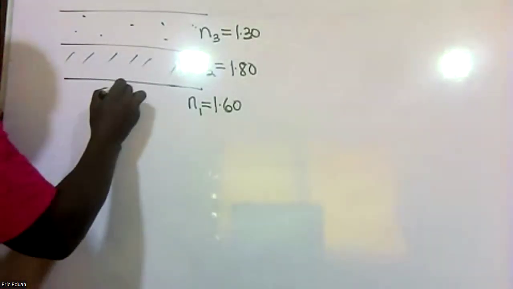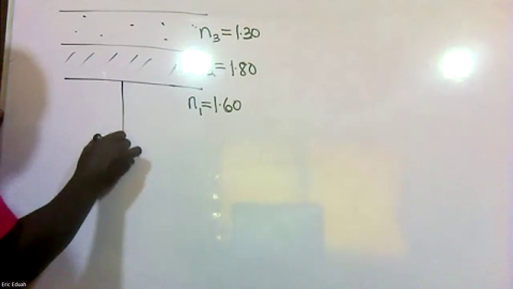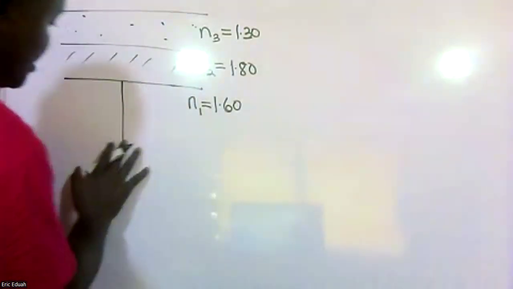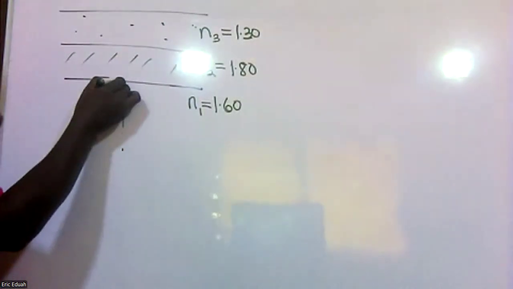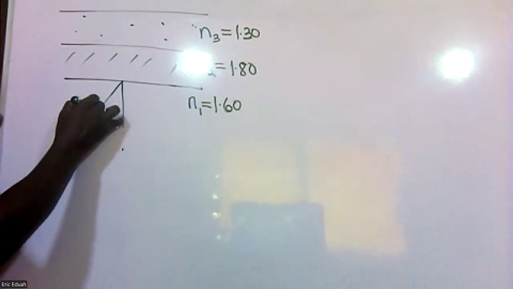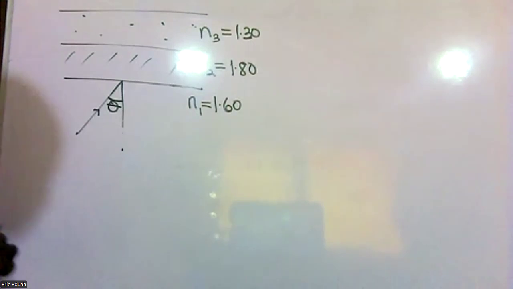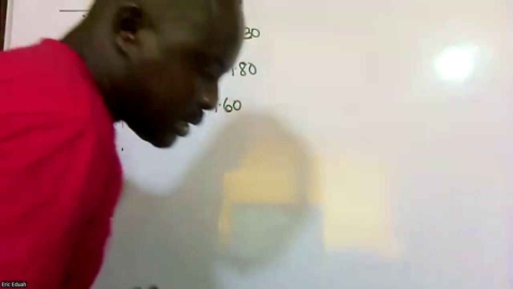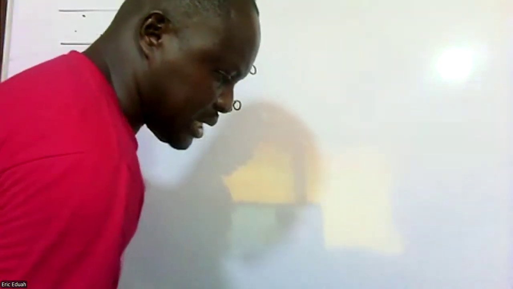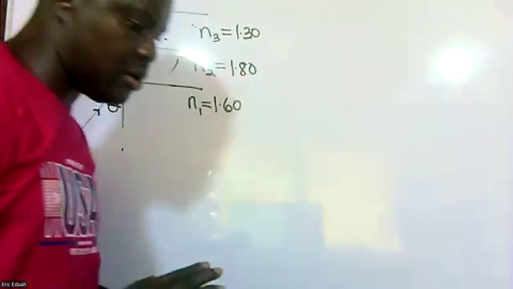Now, a ray of light is incident in material 1 at an unknown angle theta. The question is, what is the angle theta?